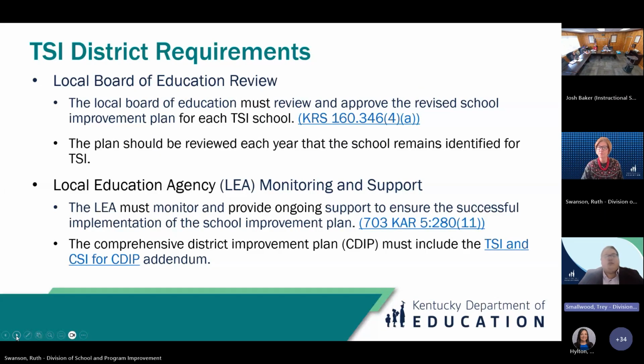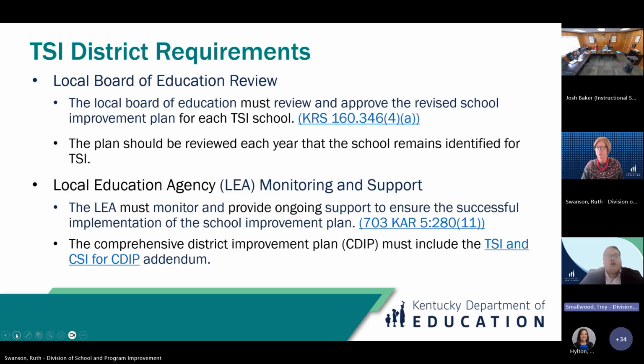So from a district perspective, the local Board of Education must review every improvement plan, which is also your CSIP, and it must be reviewed and approved by your local Board of Education. This should happen annually as long as your school is identified as TSI.